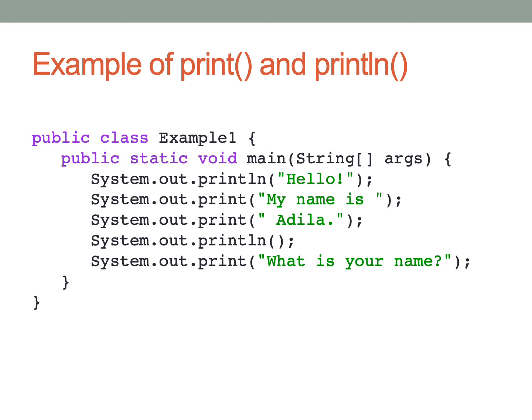Then I have System.out.print, my name is. What happened here is it will display on the screen the sentence my name is and the cursor will still be on the same line. That's why in the next line, when I wrote System.out.print Adila, it continues and displays it on the same line.